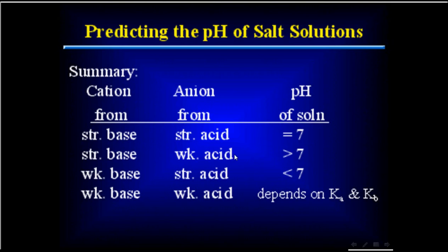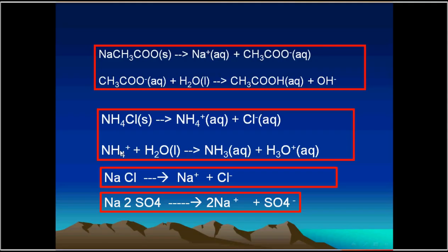But when we look at a strong base and weak acid, like sodium acetate or sodium lactate, this will dissociate into sodium and lactate, and lactate will form lactic acid in addition to hydroxyl groups. So this gives you an alkaline medium. The same thing for a weak base and strong acid, like ammonium chloride. This ammonium chloride is acidic. It will give you hydronium, so the pH is less than 7.